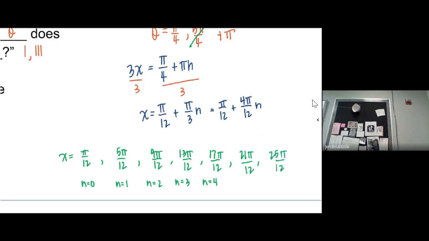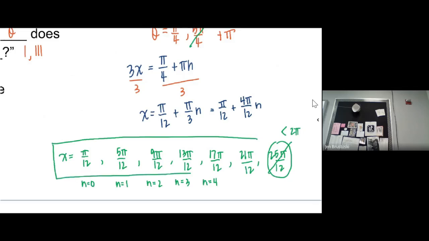Now, 25 pi over 12 is greater than 2 pi, so this one goes away. All right, so these are all of the answers between 0 and 2 pi where, if we were to plug those into tangent of 3x, we would get a 1 out.